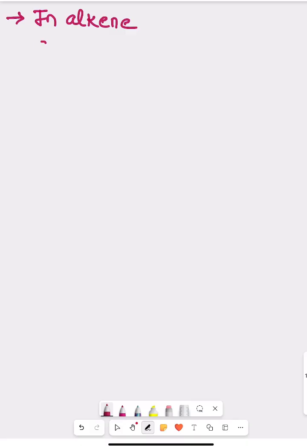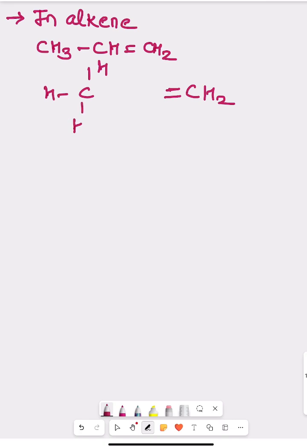Now see, this is your alkene. Now a double bond has been introduced here; so far you have seen single bonds. Let's see. Here is your one sigma and one pi. Pi looks like this, and it will look like this only.